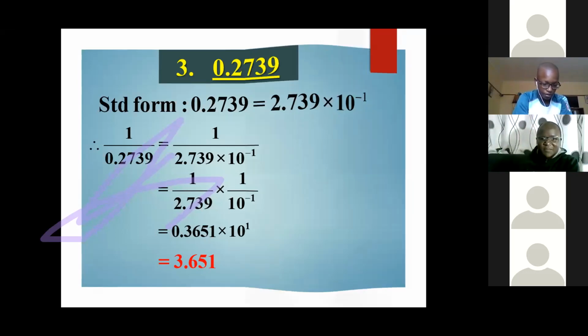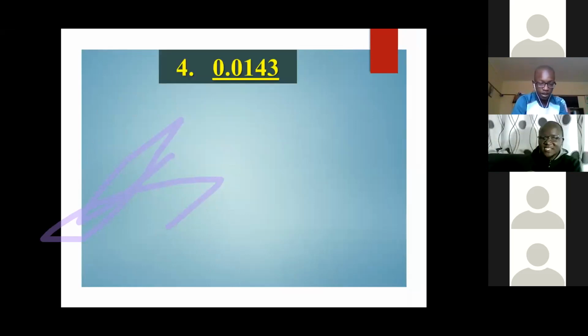Our last example for the numbers less than 10 is 0.0143.